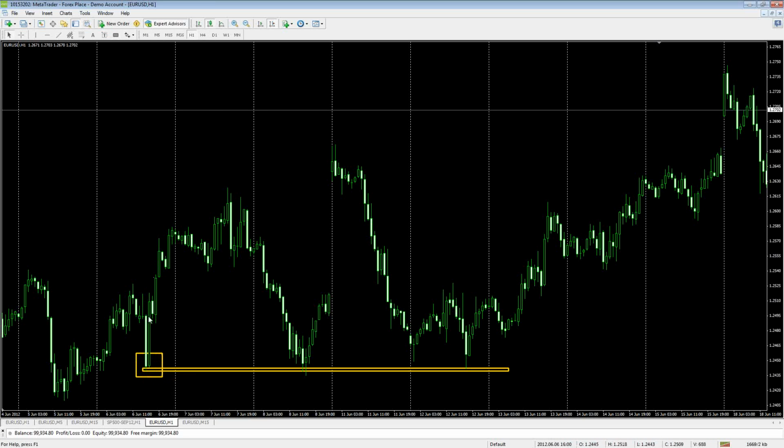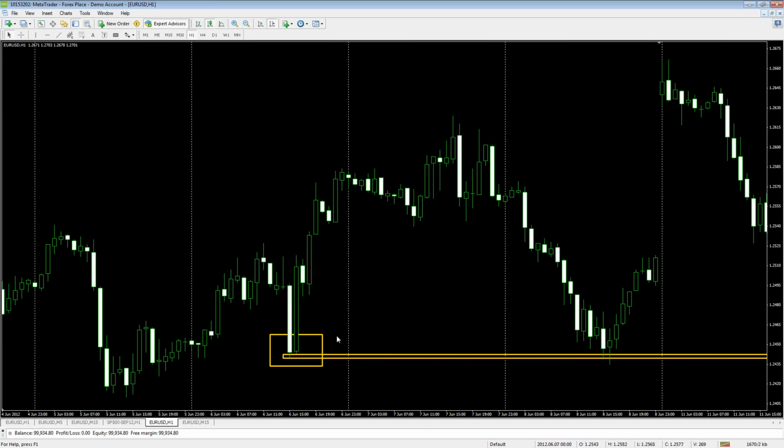We can see this very strong bullish candle, about 70 pips in 1 hour. We know that this area has strong support. I can even stretch this all the way here. So we can see these small candles, and then how the move started going up.